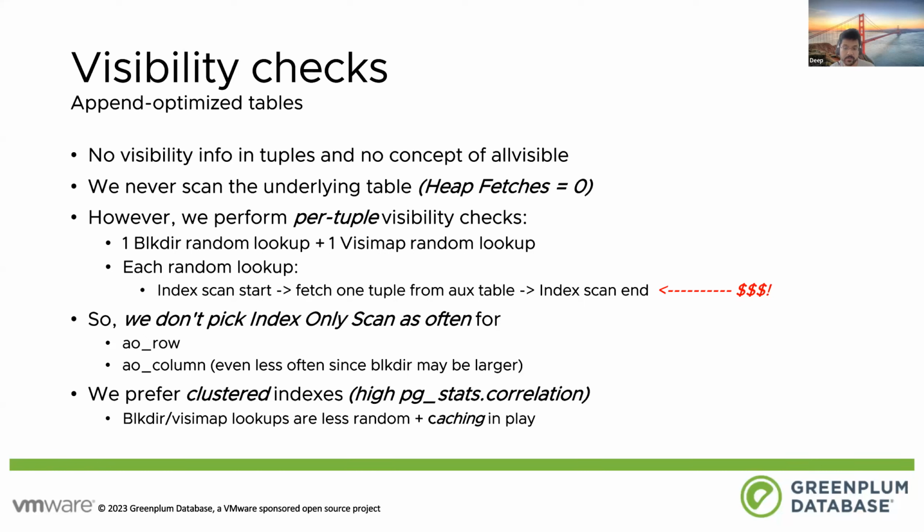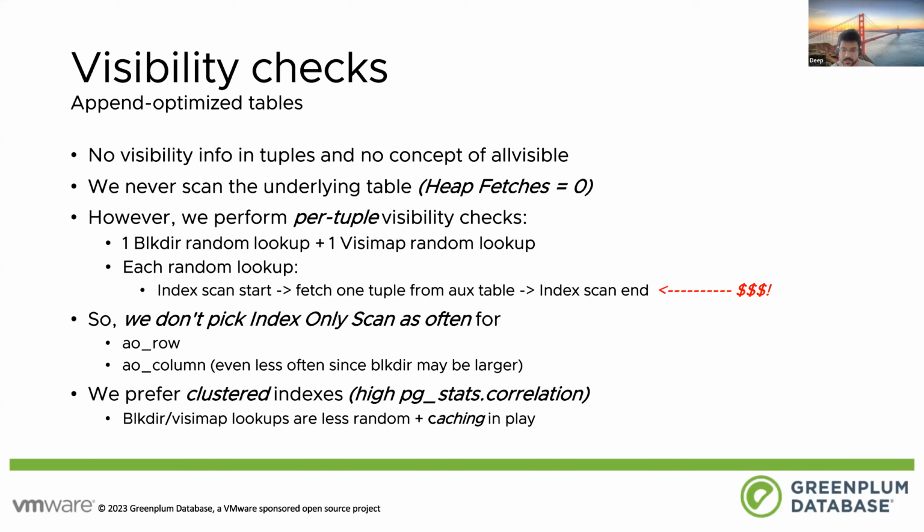Unless, I mean, we won't aggressively pick this operation unless other factors are met. One of the factors being that the table is clustered on a specific column and you have an index on that column, which means that pg_stats.correlation for that column is pretty high, and your values for that particular column increase or decrease consistently with the increase in block numbers in the base table.